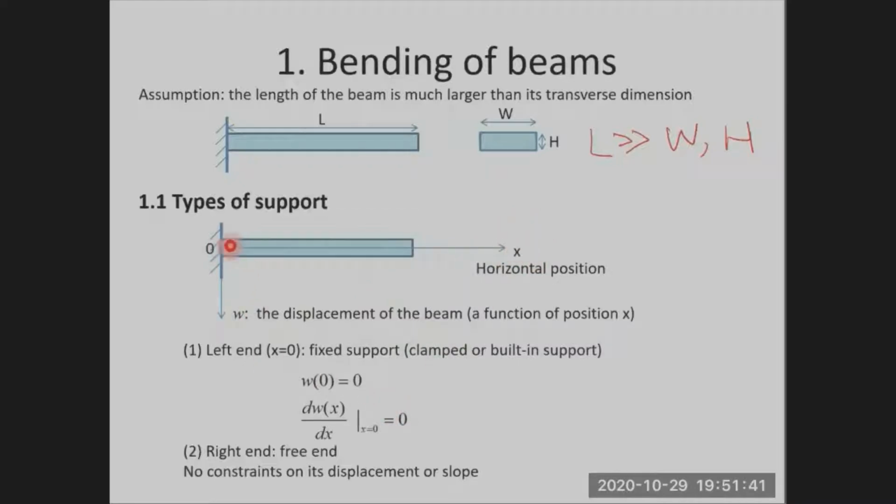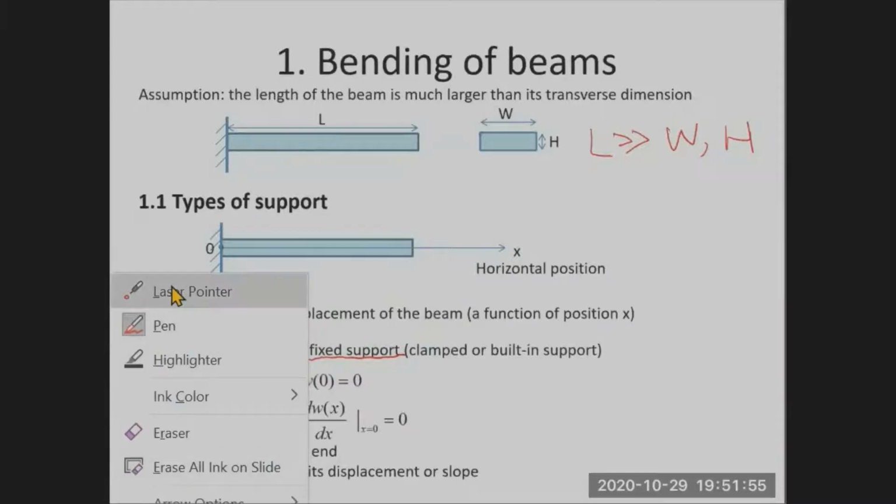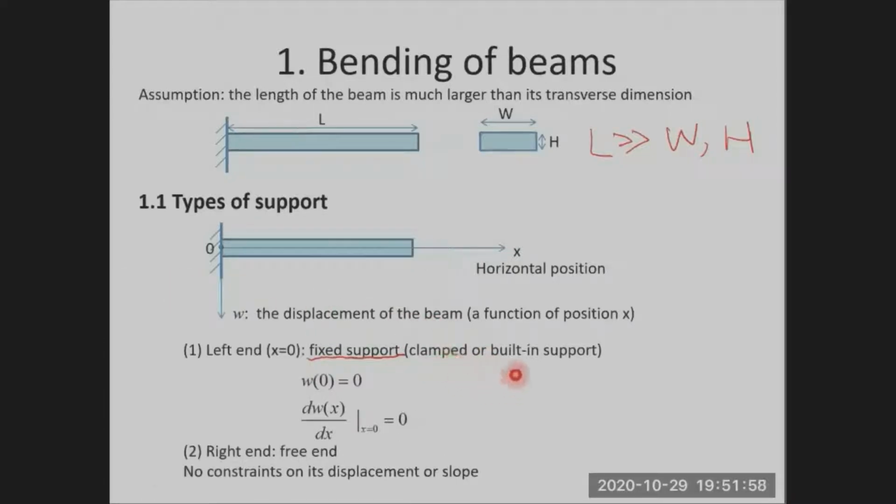The left end of this cantilever beam is a fixed support. It's also called clamped or built-in support. We have different names for this support. Mathematically, fixed support means that W(0) is 0, where W is the displacement of the beam.